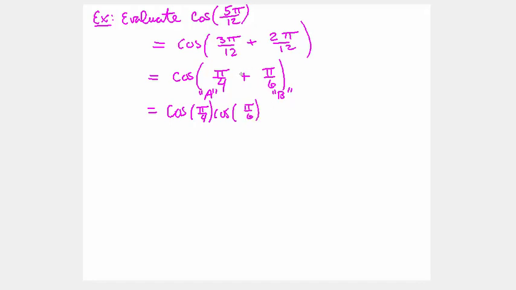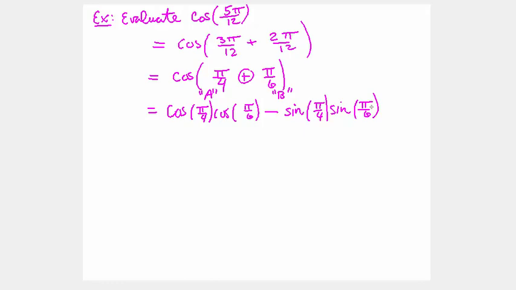And then we use the opposite sign, so if this is a plus to begin with, we're going to use a minus here. And then we do sine of A and B, so sine of pi over 4, and then sine of pi over 6. So there's the direct replacement into the identity.